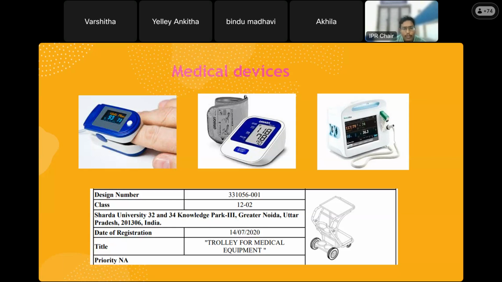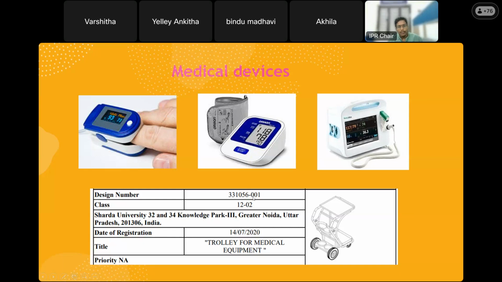So for example, if you see there is a design number here, after you register, you will get a design number and class. As I discussed earlier, class is a Locarno classification, and 12 is the class number and 2 is the subclass number. So this design, you can see on the right side down, this kind of trolley, belongs to this class. And this is the address, and this is the date of registration, and the title is trolley for medical aid.